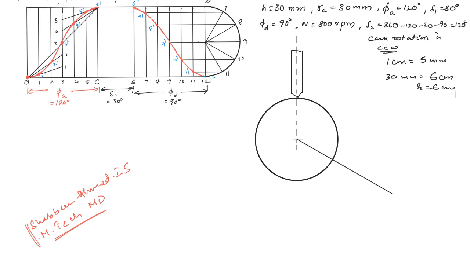This angle is 120 degrees. Now we have to divide this 120 degrees sector into 6 equal parts, because in the displacement diagram for the ascent we have divided the displacement into 6 equal parts. So this angle also must be divided into 6 equal parts.